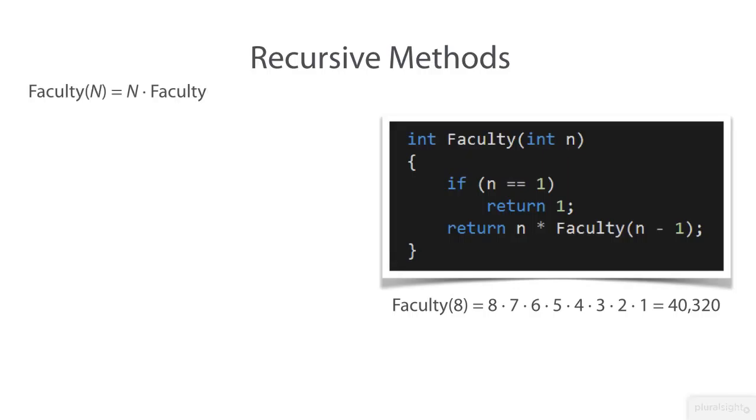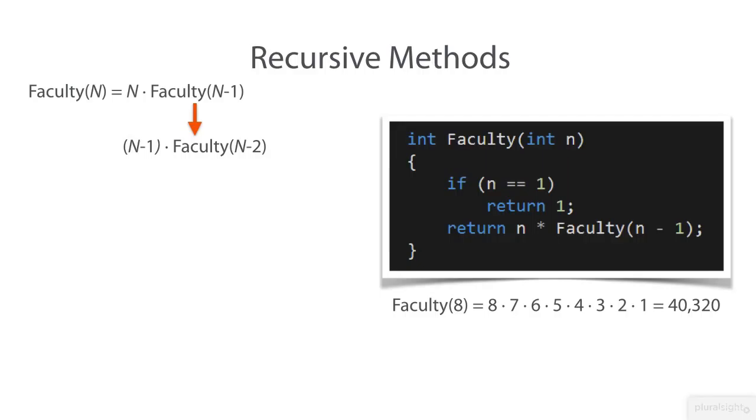Let's try to illustrate it. Here is faculty of n, which is n times faculty of n minus 1. Faculty of n minus 1 in turn gets n minus 1 as input, so that is n minus 1 times faculty of n minus 2.